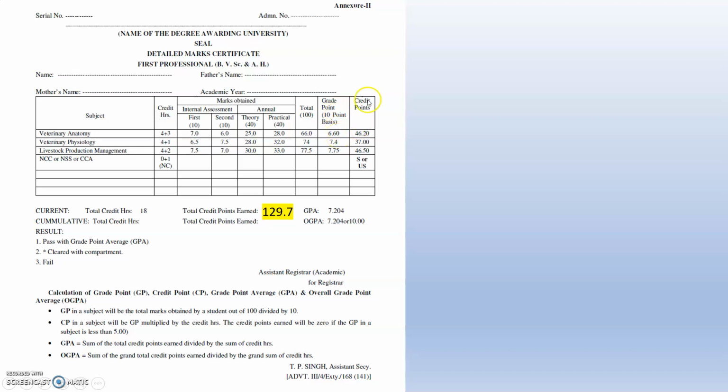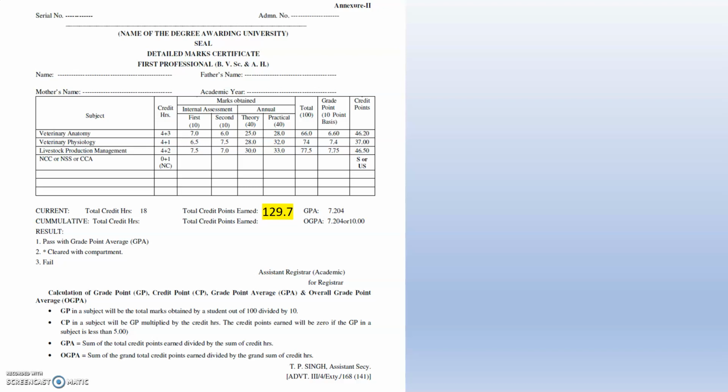And here is something, the credit points. So what is the credit point? 6.6 will be multiplied by the course credits, that is 4 plus 3, it is actually 7. So 7 multiplied by 6.60 will be 46.20. That is your credit points in veterinary anatomy in the first year.